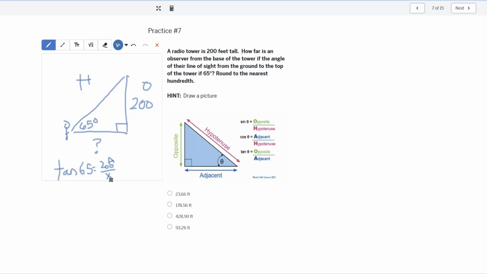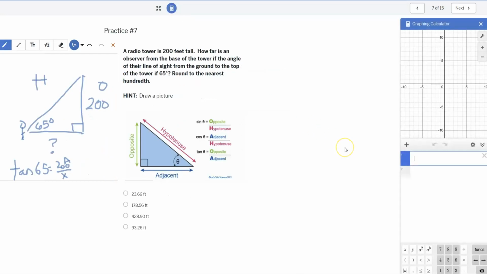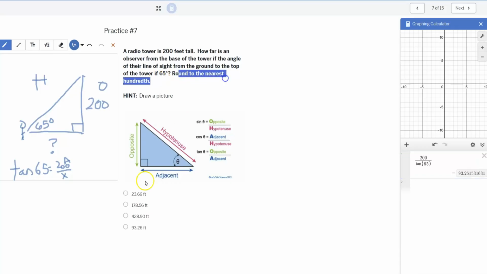Since it's my adjacent, it's on the bottom. So x is low, divide and go, similar to what we said before. So let's go with 200 divided by the tangent of 65, and we get 93.26 if we round that to the nearest hundredth. So, boom, excellent, right?